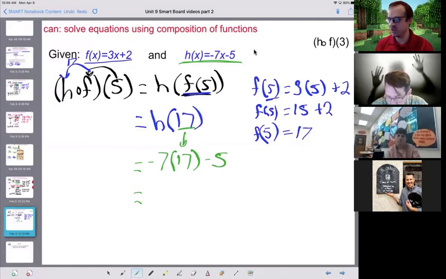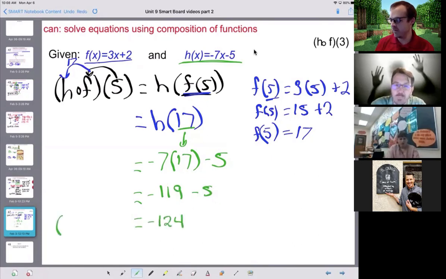All of it or just the... No, just the first part. -7 times 17 is -119. Okay, and then minus 5? -124. There we go. So we get that h of f of 5 is -124. Cool.